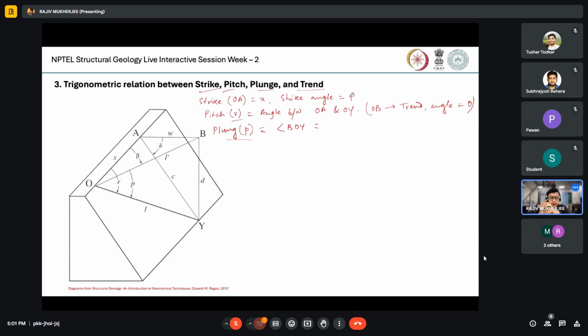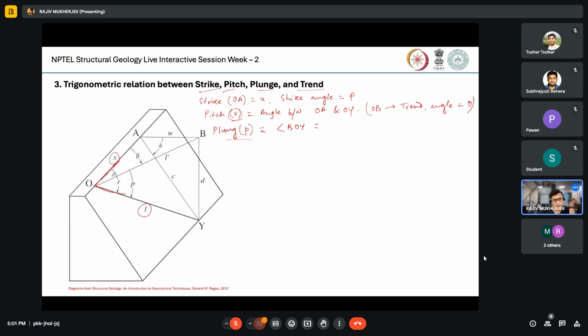So first of all, if we consider the rake or the pitch, which is the angle between the line OA and OY, we see that if we calculate the cosine of this triangle, we will have a relation which will involve the length L, length X, and by combination we will be involving the triangle OAB and OBY as well.